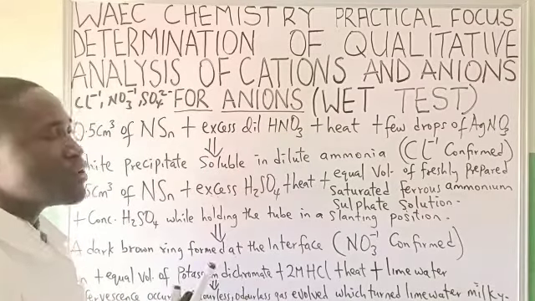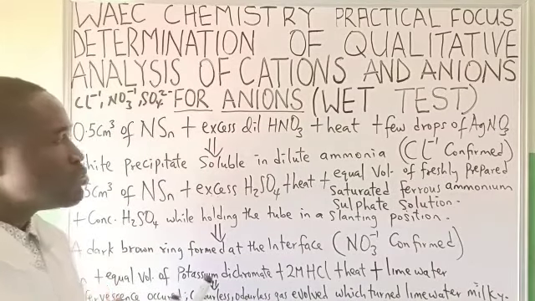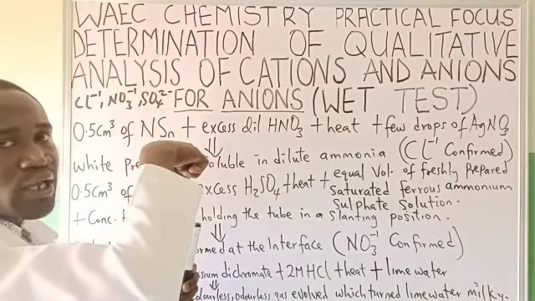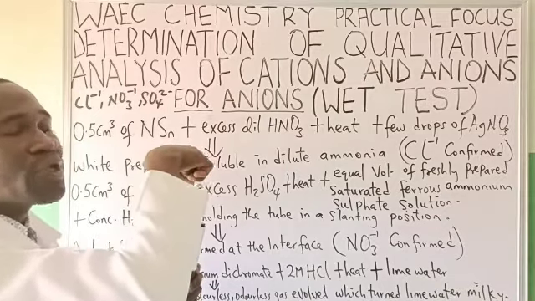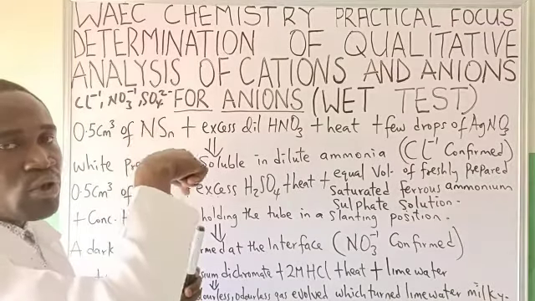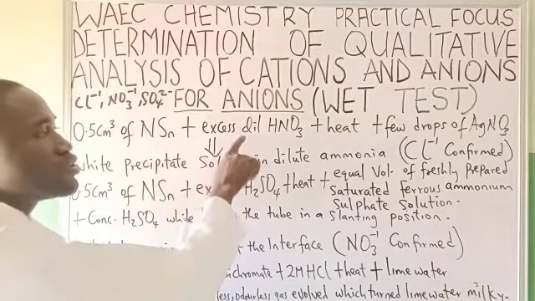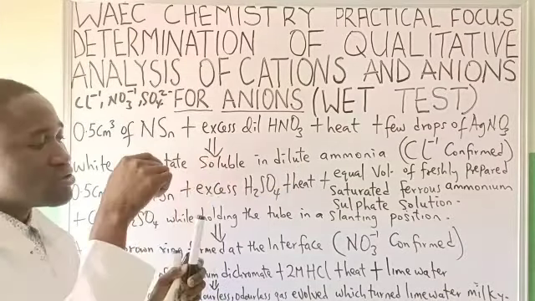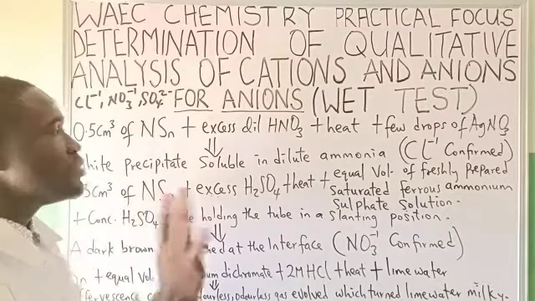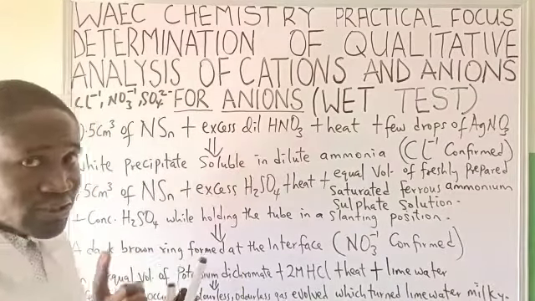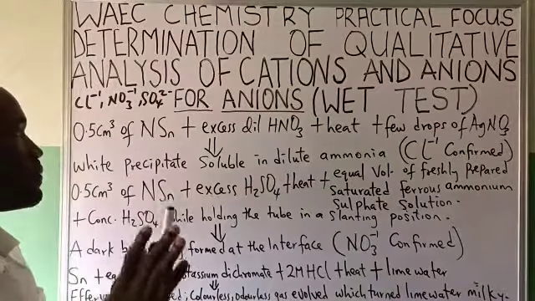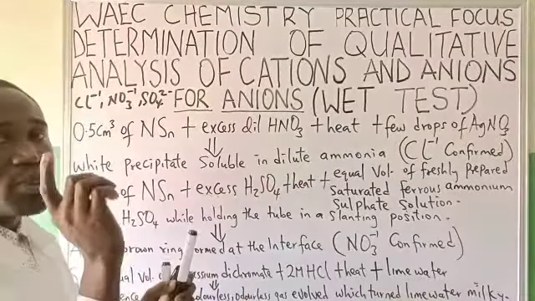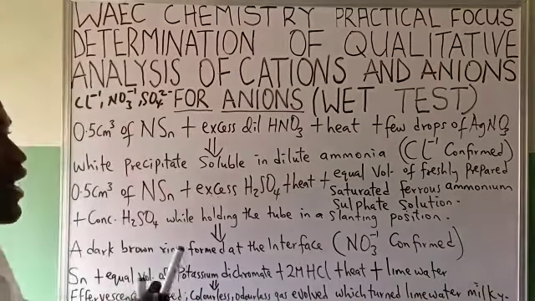Get blue litmus paper and put it inside the solution to see whether it changes to red. If it still keeps the moist blue litmus paper blue, it means you should add more HNO3. But if it has turned the litmus paper red, it means you have succeeded in putting excess. That is a technique you have to apply to know when it is in excess, so that you will not fill up the test tube and waste your reagents.